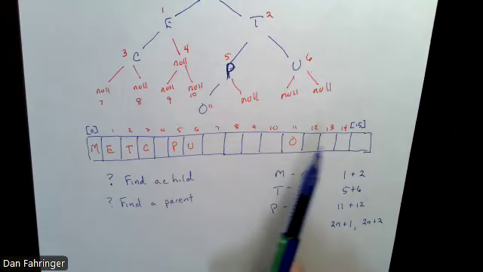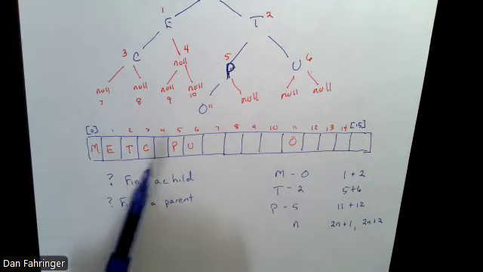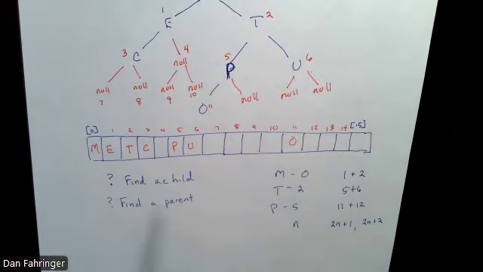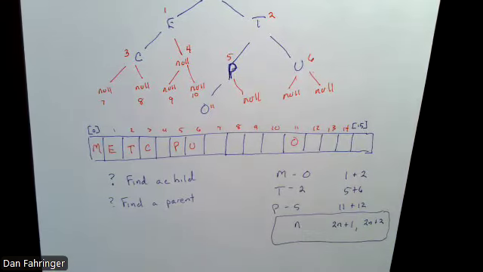So even though we have an array representation, we still can do things just like we could in a linked list. But for this, we're bringing in our math background. To find a child, it's going to be 2n plus 1 and 2n plus 2.